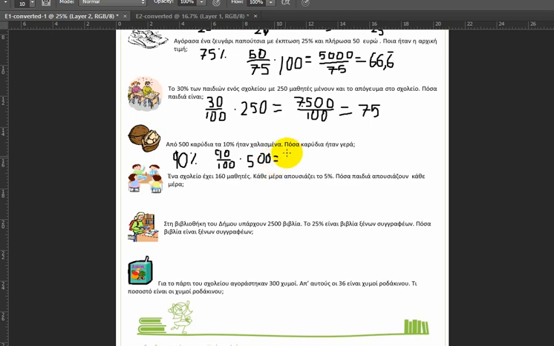Well, 9 times 5 makes 45, and then I'm going to put 3 more zeros after that because 1, 2, 3 zeros. So what I get is 45,000 over 100, which means I can just cross out the zeros here. And what I'm left with is 450.